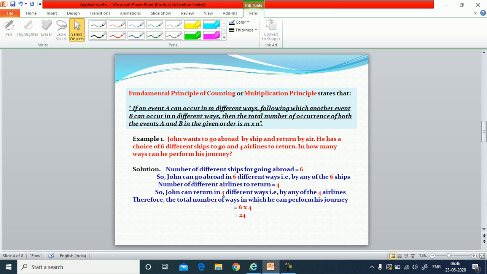That means he can return in four different ways, that is by any of the four airlines. So what do we know? He can go abroad in six ways and he can come back in four ways. And because both have to take place, the total number of ways in which he can perform his entire journey will be 6 into 4. That comes out to be 24.